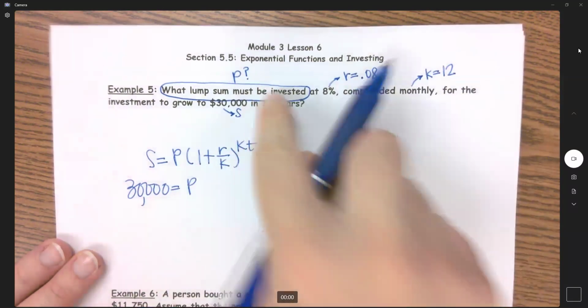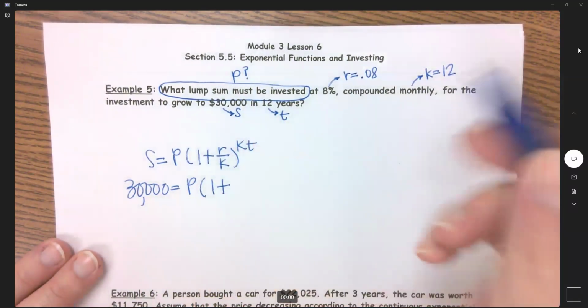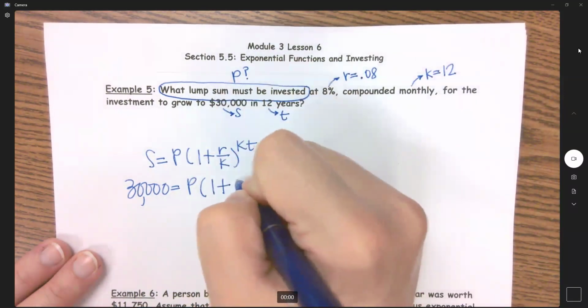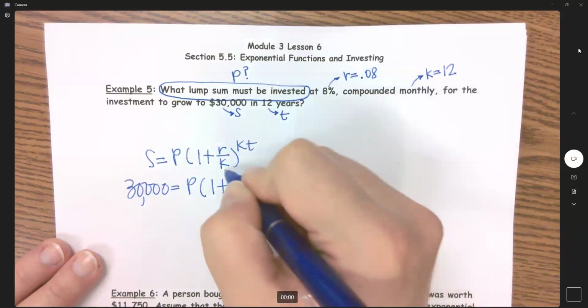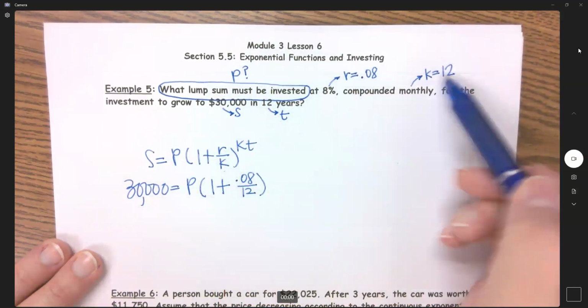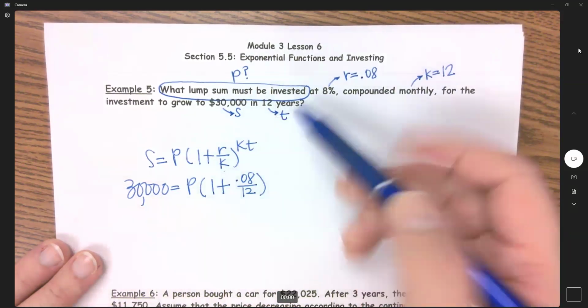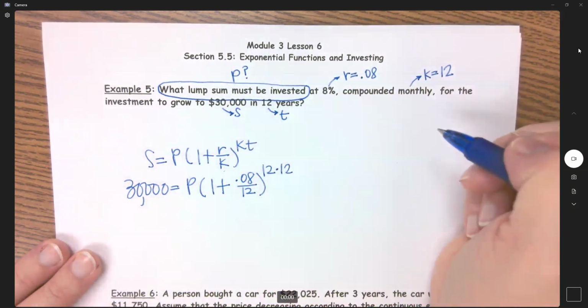I don't know P. That's what we're going to have to solve for. And then 1 plus my R, 0.08, over K, so 12, to the KT. K and time are both 12. So 12 times 12.